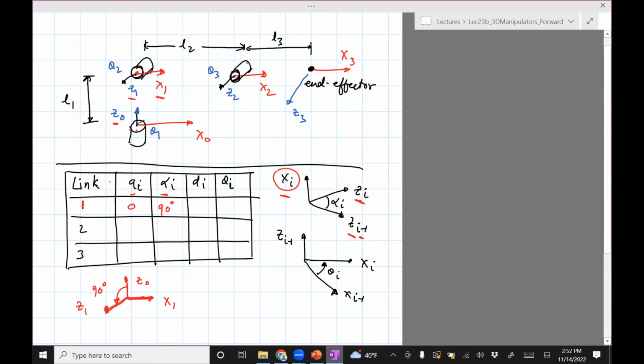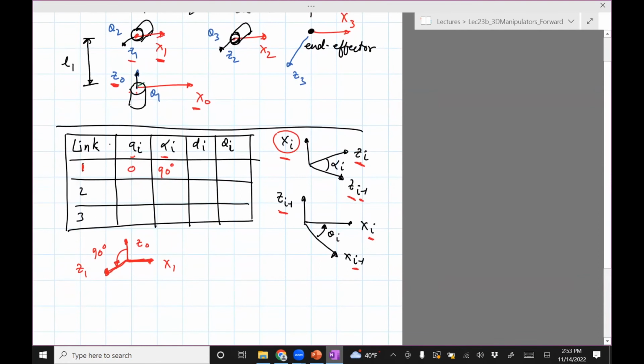Let's move on to theta i di. Okay, so I put i equals 1. So theta 1 is going to be the angle between x0 and x1 about z0. So let's just draw that. x0, x1, and z0. Okay.